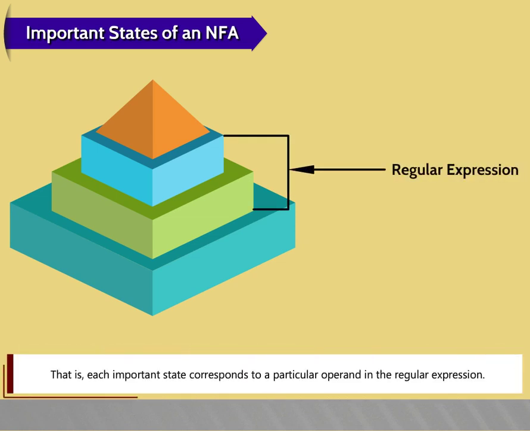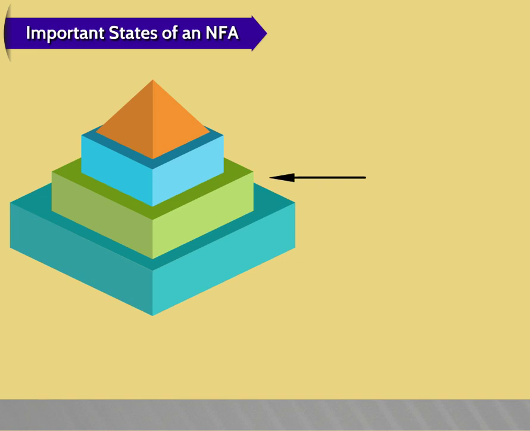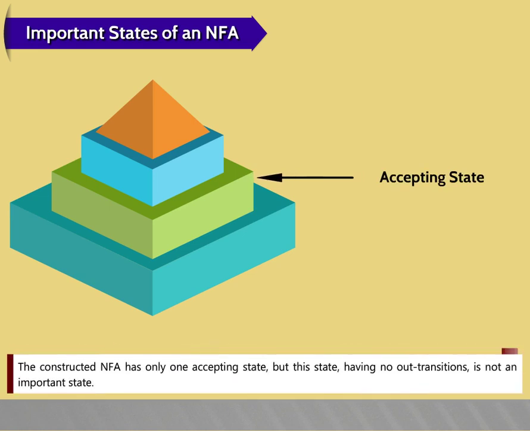That is, each important state corresponds to a particular operand in the regular expression. The constructed NFA has only one accepting state, but this state, having no out transitions, is not an important state.